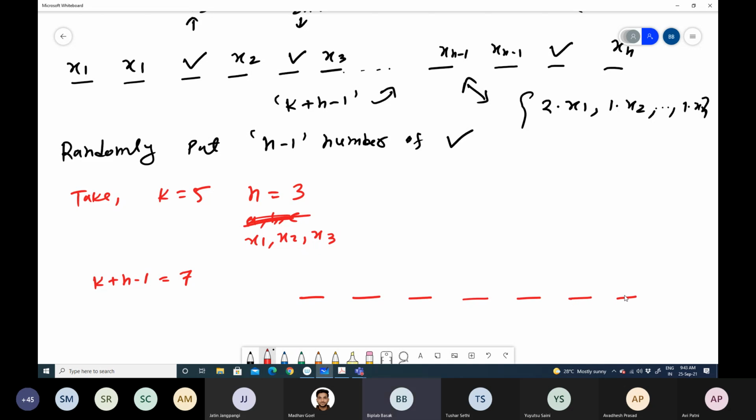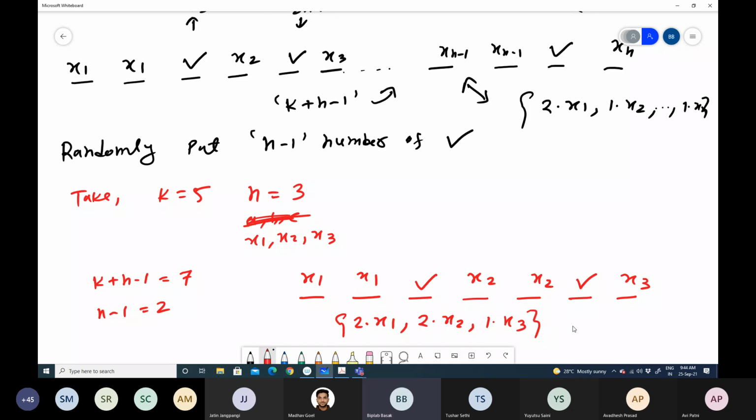And what is n minus 1? n minus 1 is 2. So we will just put 2 checks. Say this is 1, and randomly you can put 2 here. Then you will write x1, x1, x2, x2, and this is x3. So your multi-set is 2 into x1, 2 into x2, 1 into x3. See, you have a multi-set of size 5, right?